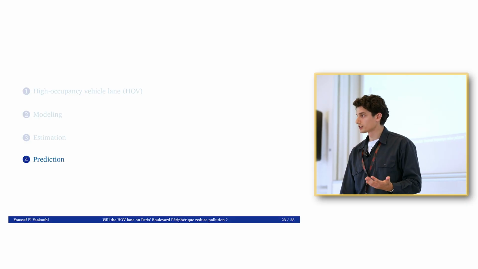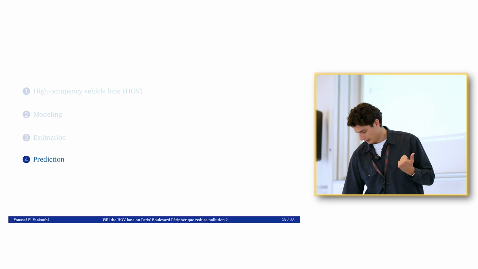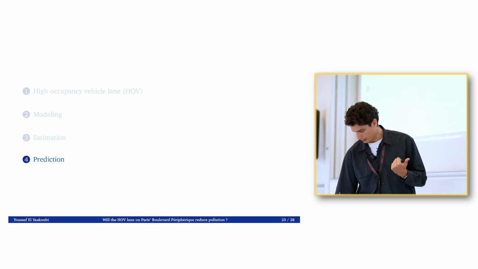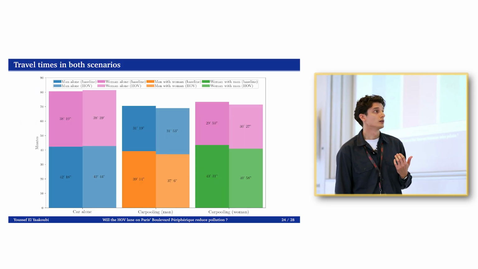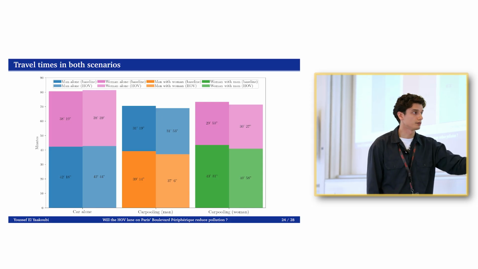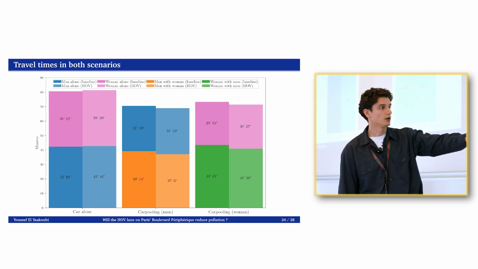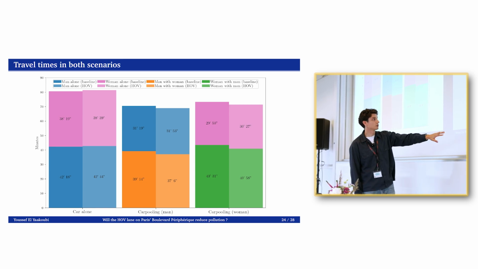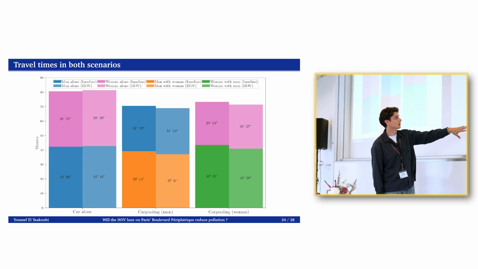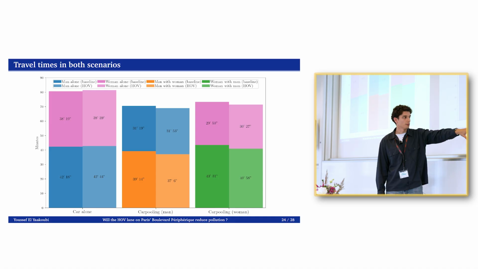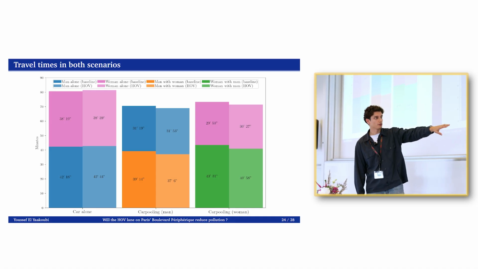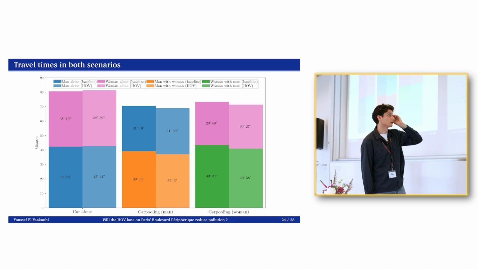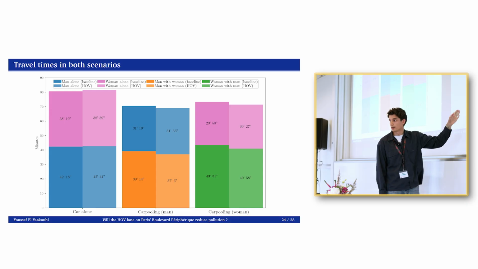So in the predictions, that will be interesting for this application. Those are the travel times. You have 3 different modes here: when the woman and the man are taking the car alone, carpooling when the man is a driver, and carpooling when the woman is a driver. At the left, you have the baseline scenario.